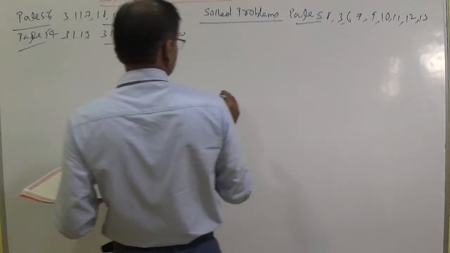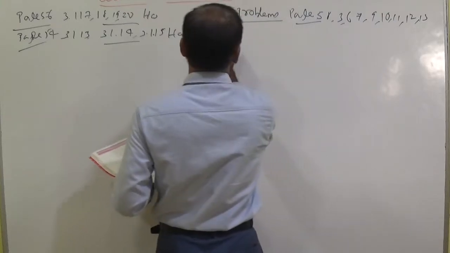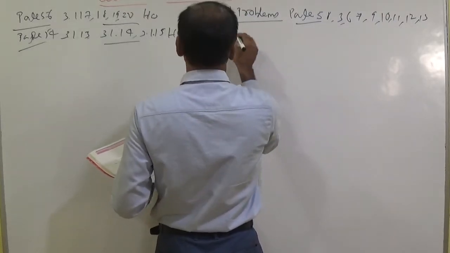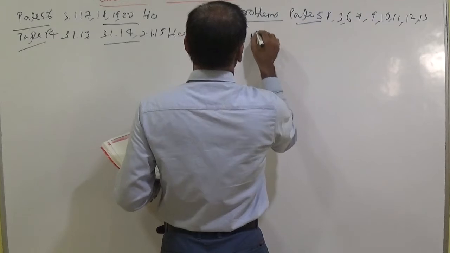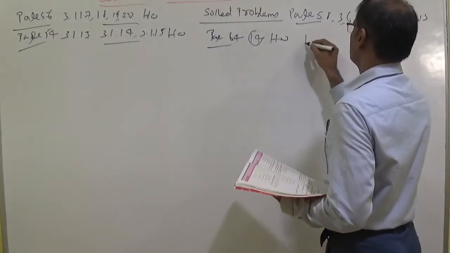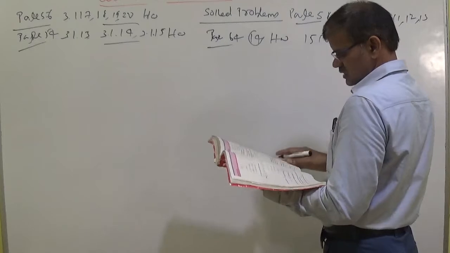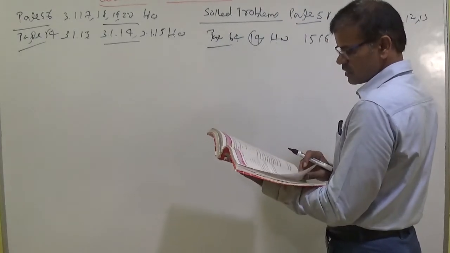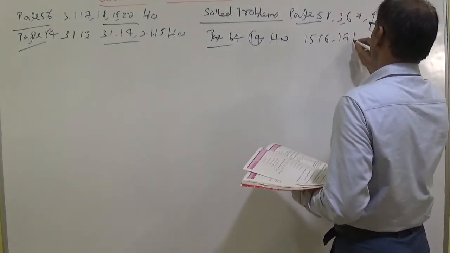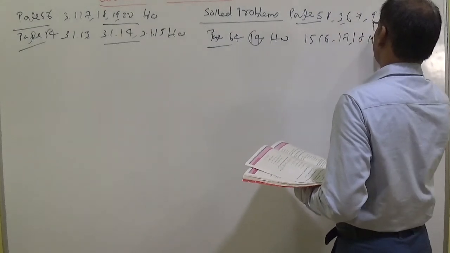From 14, homework, page 64, 14 homework, and about the sums 15, 16, 17, 18 and 19.